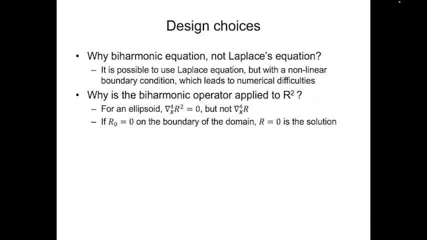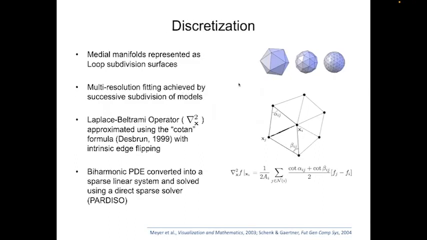But it turned out that it's much more convenient to work with triangular subdivision surfaces. Loop subdivision surfaces are a very early computer graphics method, but it's a type of triangular spline.